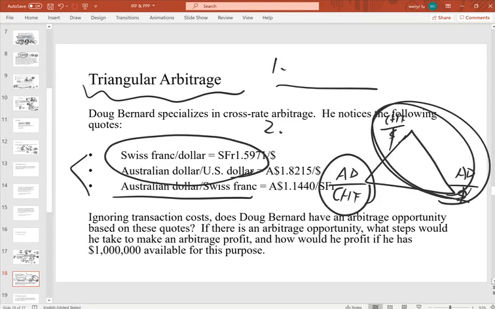We always buy something cheap and sell something expensive, so we buy something underpriced and sell something overpriced. After you determine this strategy, you can form a path on this triangle to see how you can make a profit.